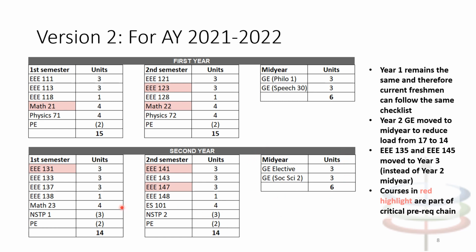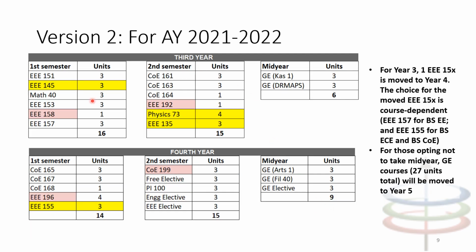This time, we replaced them with the GE that we removed from the first and second semesters. And now 135 and 145 were moved to regular semesters. So 145 is moved to third year first sem, while 135 is third year second sem. Okay.